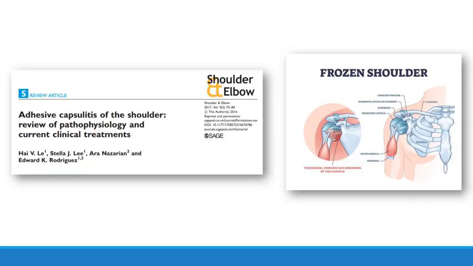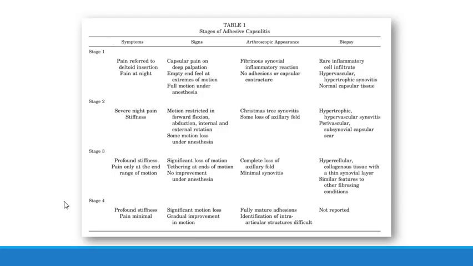And what's also really interesting, and I bring this up because again, this ties into how you think about an article and its value, its external validity. If you've explored frozen shoulder, you know that there are different stages, right?